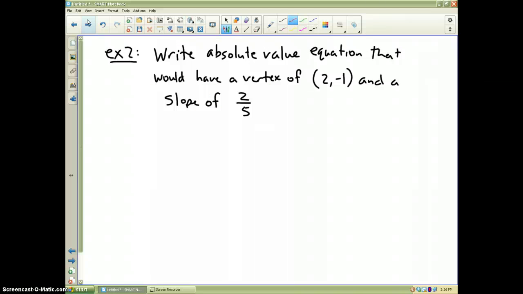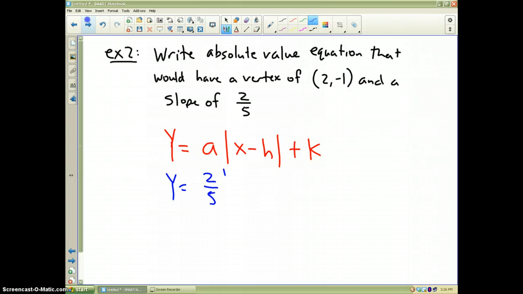Last, let's write the absolute value equation that has a vertex of (2, -1) and a slope of 2/5. Well, if you recall from the earlier slide, the general form is this. So all I'm going to do is put my slope of 2/5 where a is, x minus, I'm going to put my 2 in for h, and I'm going to put my -1 in for k.